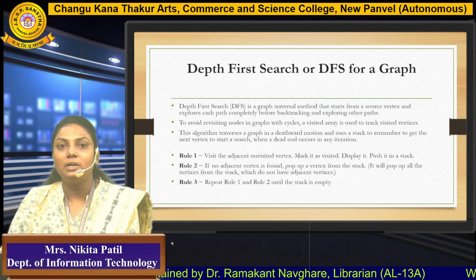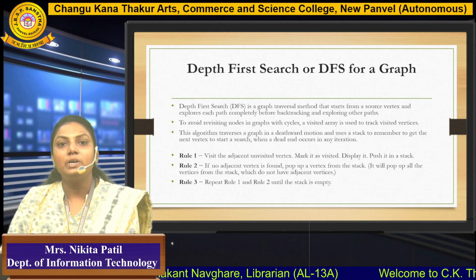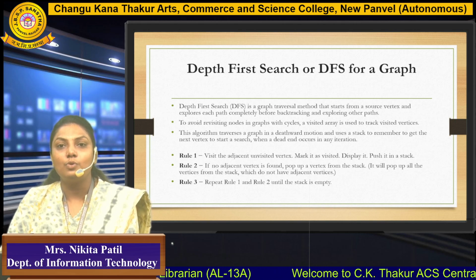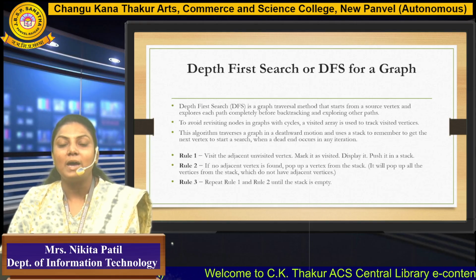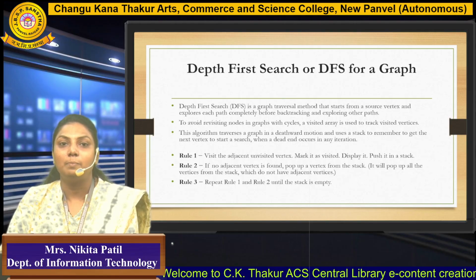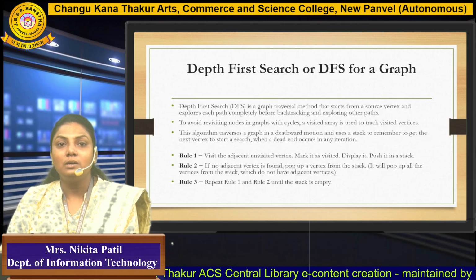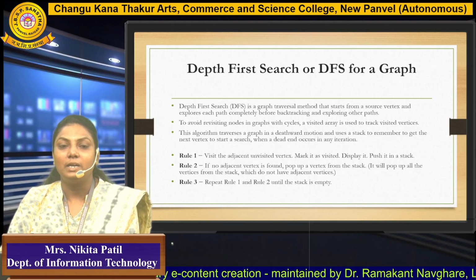We start with depth first search, or DFS, for a graph. Depth first search is a graph traversal method that starts from a source vertex and explores each path completely before backtracking and exploring other paths. To avoid revisiting nodes in the graph, a visited array is used to track visited vertices.